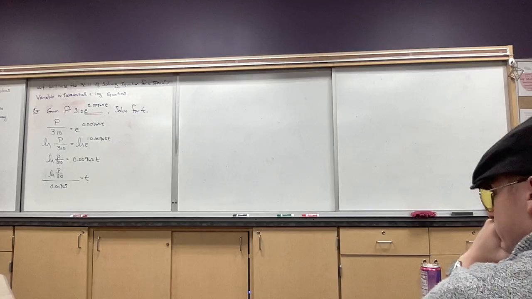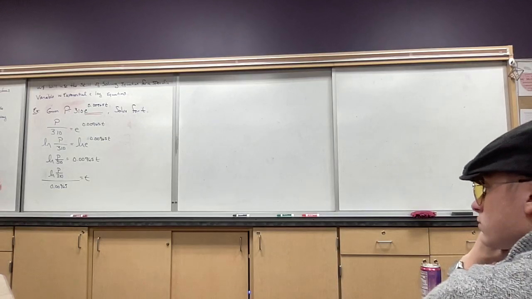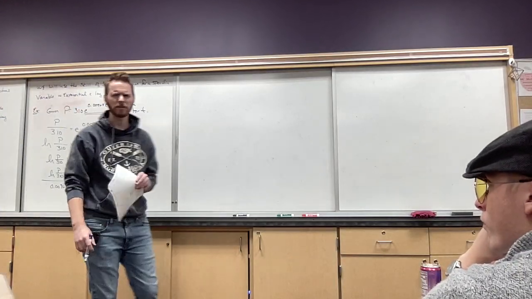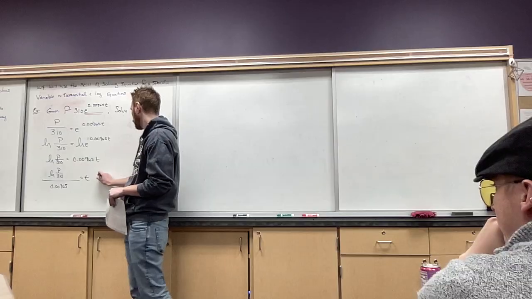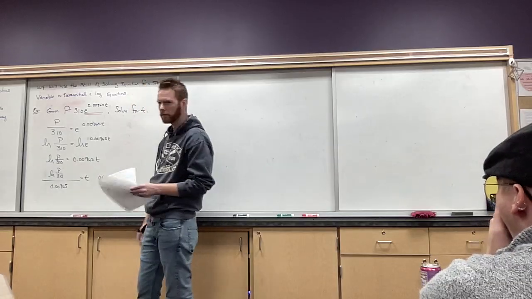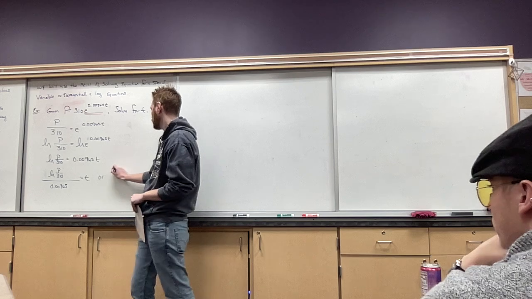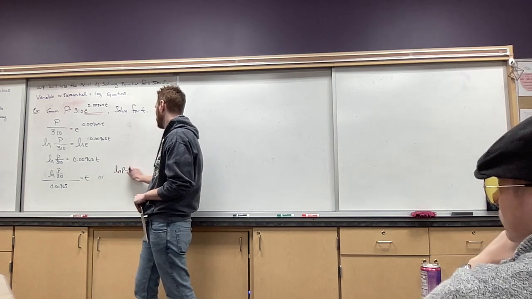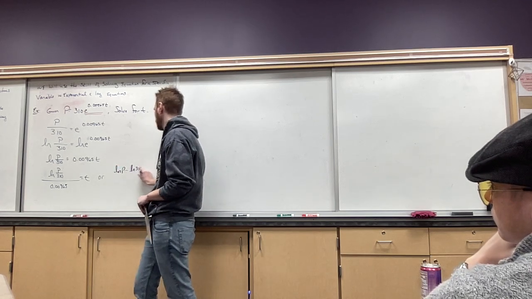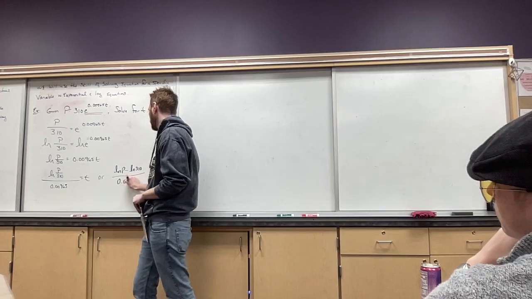You don't need to do this, but sometimes it helps to break apart things if you're able to. So I'm going to put "or" here. Another equivalent equation: we know with division you can do the same thing as subtraction. So if you really wanted to, you could write it like this, using that property.